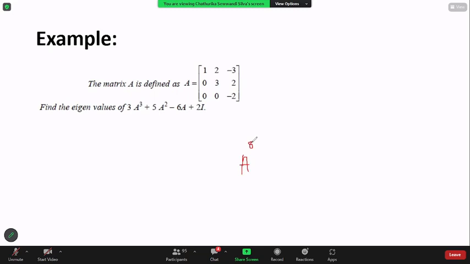What will you do? Up to now, with the knowledge that you have with matrices, what you have to do is multiply the matrix A 8 times. And you know that it is not an easy task.